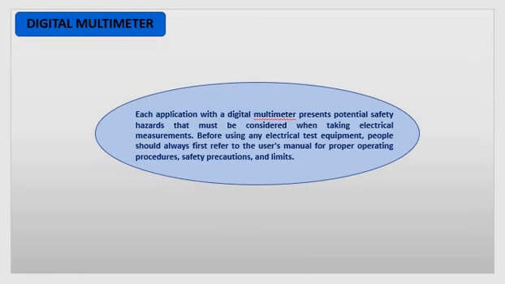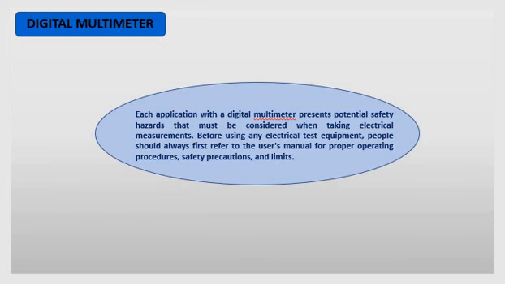Each application with the digital multimeter presents potential safety hazards that must be considered when taking electrical measurements. So before using any electrical test equipment, people should always first refer to the user manual for proper operating procedures, safety precautions, and limits. Please remember this one.